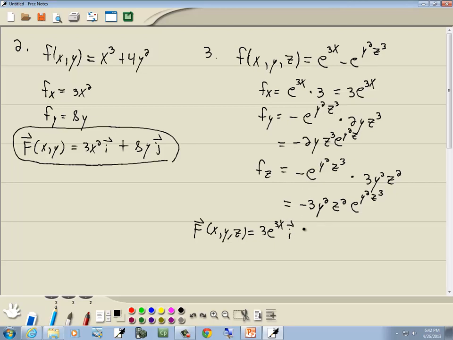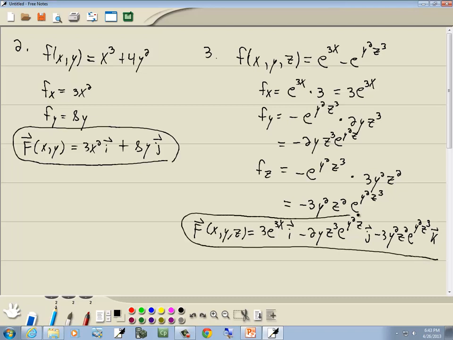Partial with respect to y, which is negative 2y z to the third, e to the y squared z, j. And then the partial with respect to z, so we've got minus 3 y squared z squared e to the y squared z to the third, k. Assuming I didn't make any other mistakes in there, that's our answer.